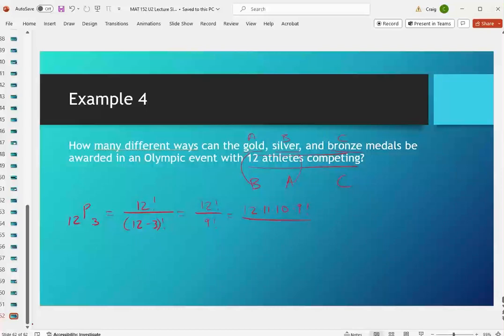That's 9 factorial divided by 9 factorial, we're going to cancel those out. 12 times 11 times 10 is 1,320. So there's way more possible outcomes when the order here matters.